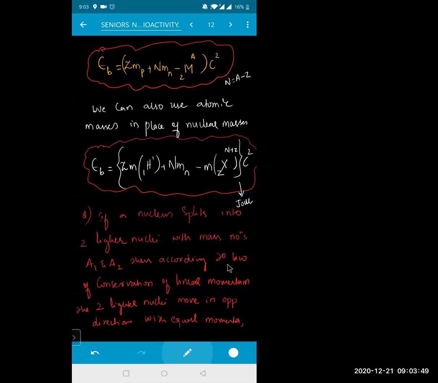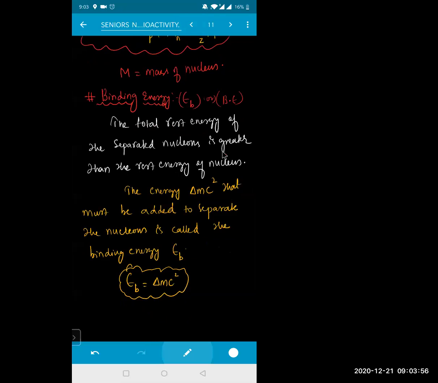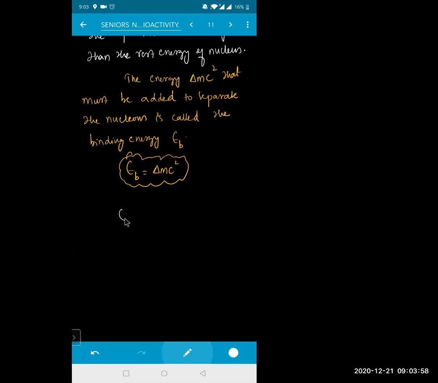In terms of electron volts, binding energy will be equal to delta M into 931 MeV. Here I can write: binding energy EB will also be equal to delta M into 931 point something basically. So you can directly take 931 MeV.